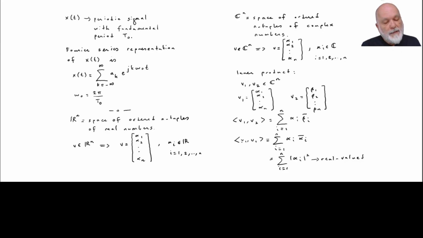When we have the inner product of a vector with itself, the inner product must be real valued, because the inner product is a measure of how much one of the vectors is contained in the other one.